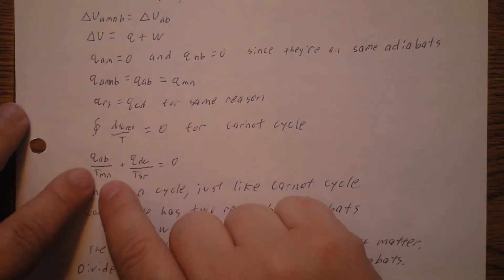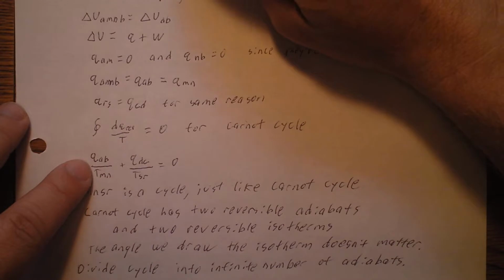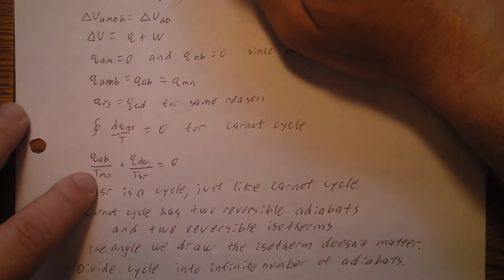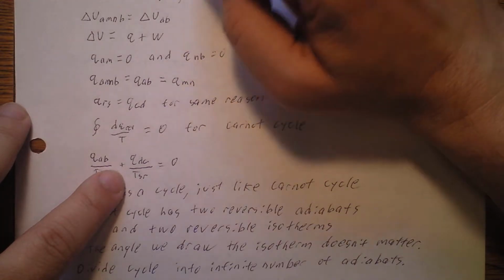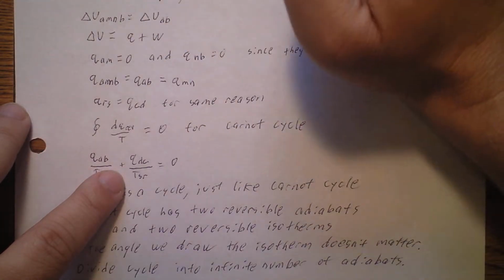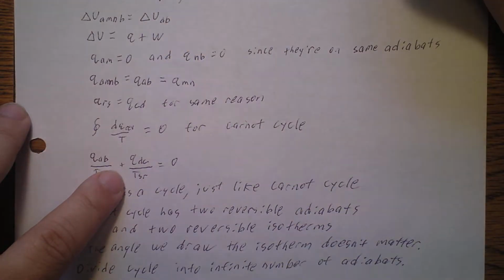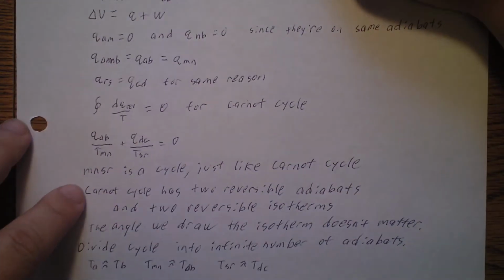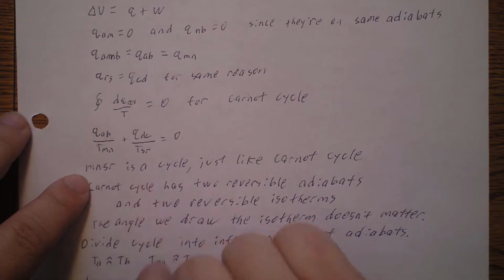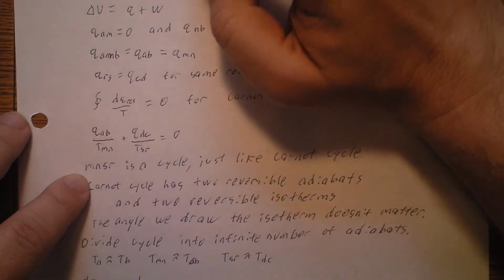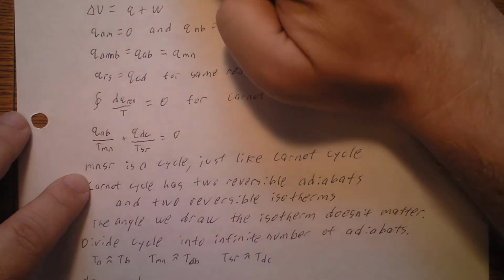Now the Q over AB, that's from here to here, over TMN, plus the QDC, so we're going this way around the circle, remember, over TSR is equal to 0. So remember, MNSR is a cycle. This is a Carnot cycle right here.